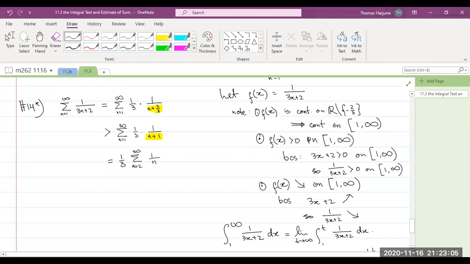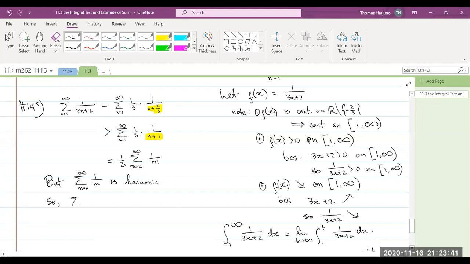Change the n to m maybe. Do you see that? Okay, but this series here is harmonic, which is a lower bound of the original series.